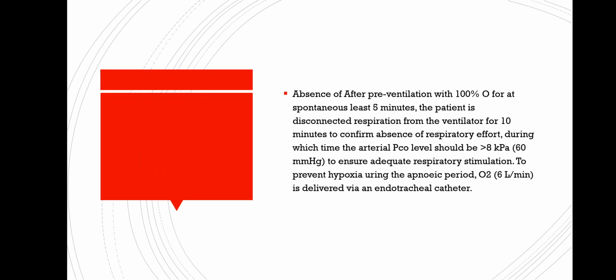Next, the absence of spontaneous respiration after pre-oxygenation with 100 percent oxygen for at least 5 minutes. The patient is disconnected from the ventilator for 10 minutes to confirm the absence of respiratory effort, during which time arterial PCO2 level should be greater than 8 kPa, or 60 mmHg, to ensure adequate respiratory stimulation.